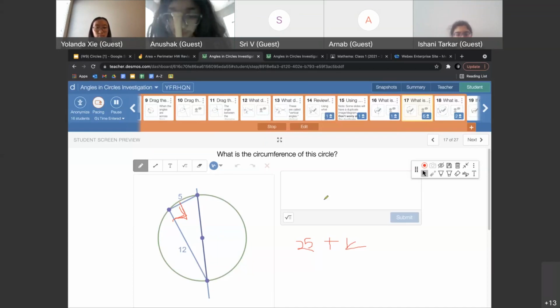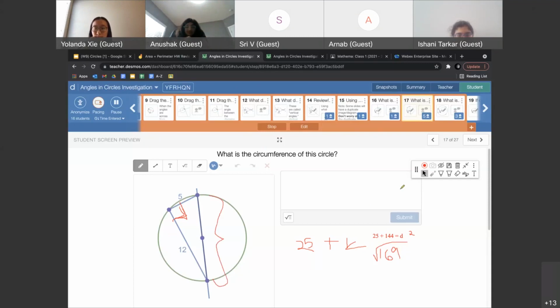So 25 plus 144 is equal to our diameter to the power of 2, because the diameter is the hypotenuse. 25 plus 144 is 169, so we find the square root of that, which is 13. So 13 is the diameter, so this entire thing is 13.